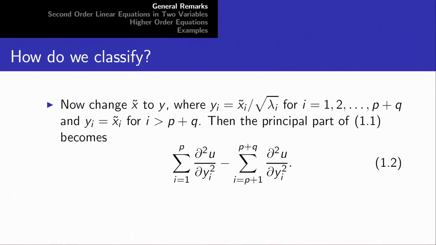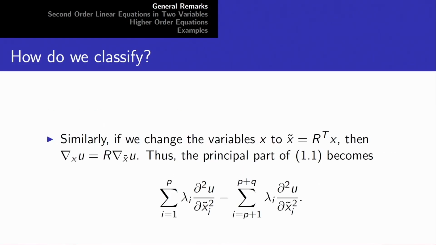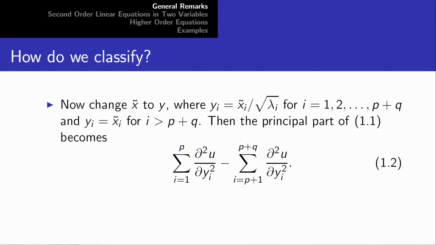And now you change x tilde to y. Again, you want to absorb this lambda i in x i tilde, and that is very easy. You put y i equal to x i tilde by root lambda i, and that converts the principal part into a diagonal part, del square u by del y i square, with coefficients only plus and minus 1.